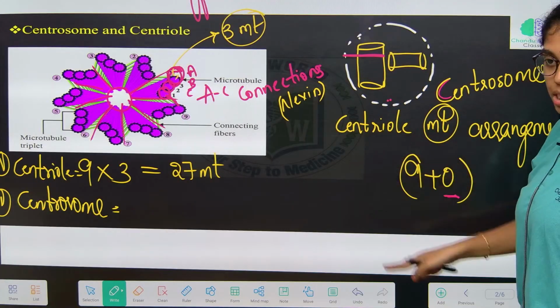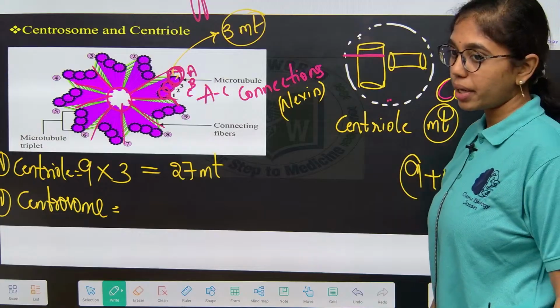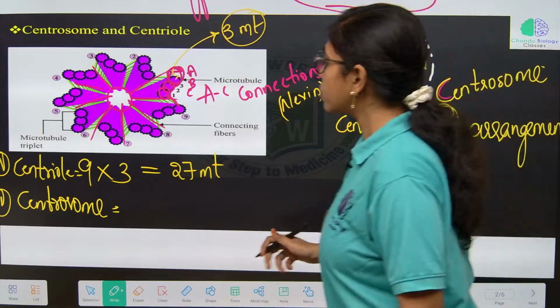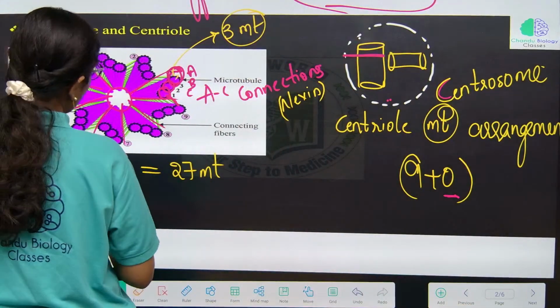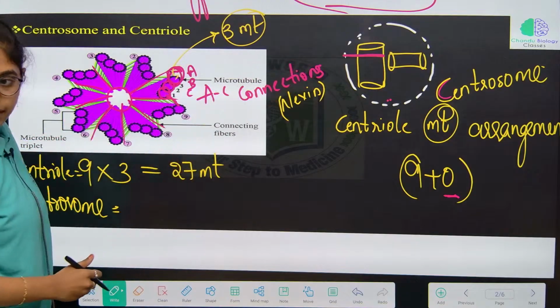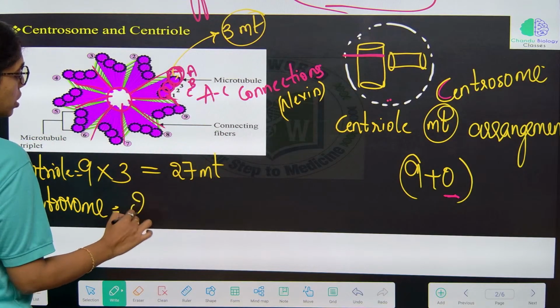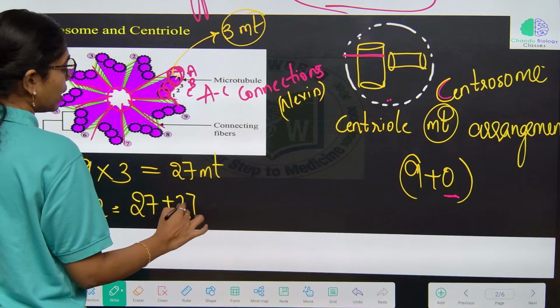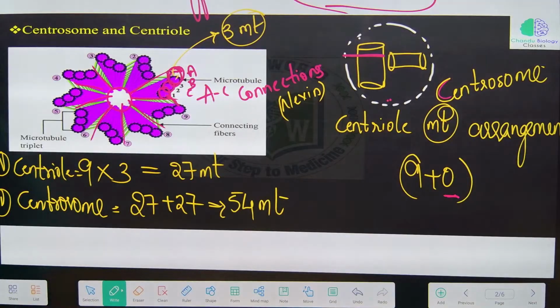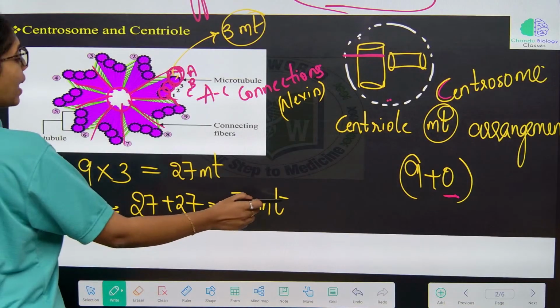Centrioles are cylindrical, non-membrane bound structures present only in animal cells. In a single centrosome there are 2 centrioles, so 27 plus 27, it is 54 microtubules.